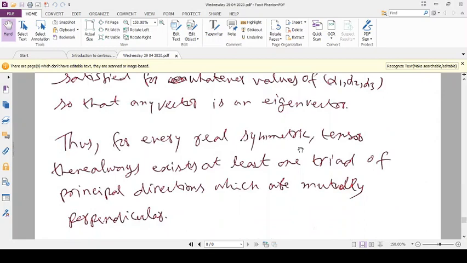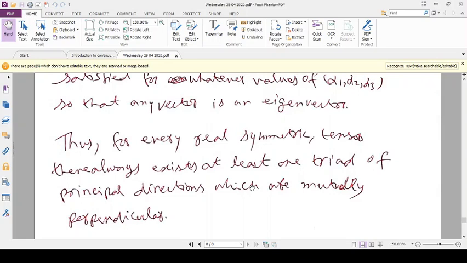So what is the conclusion? This is the conclusion: for every real symmetric tensor, there always exists at least one triad of principal directions which are mutually perpendicular.